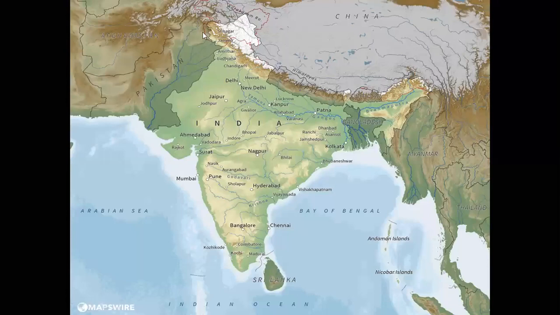Now, let us see this example. Okay. India map is shown. This is the example of cartogram or cartograph.